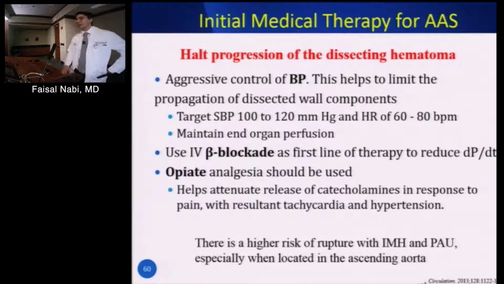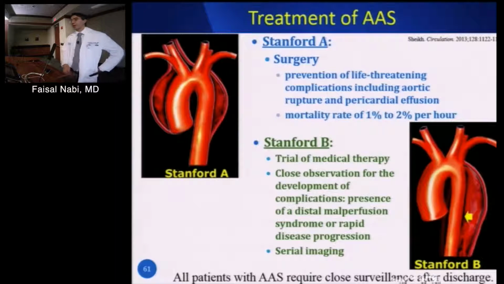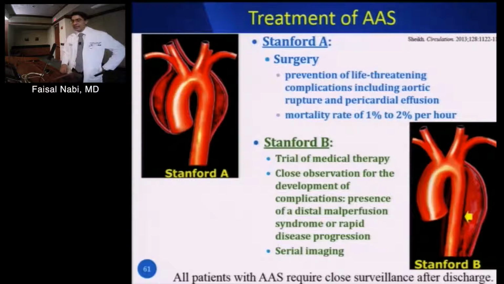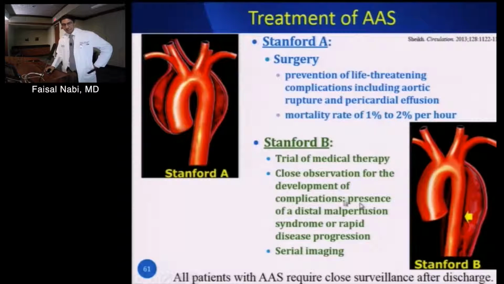Treatment is, of course, dependent on the location of the acute aortic syndrome. If it's a Stanford A, involving the ascending aorta, generally this is surgery. And if it's Stanford B, involving the descending aorta, this is generally medical therapy, unless there is end organ malperfusion or the development of complications.